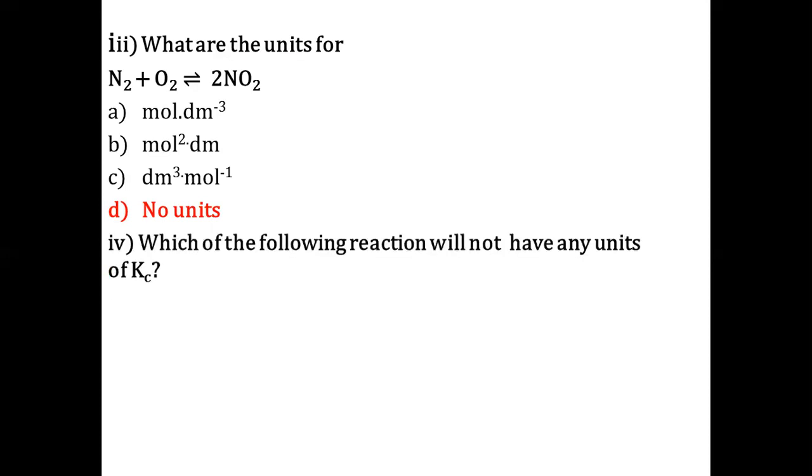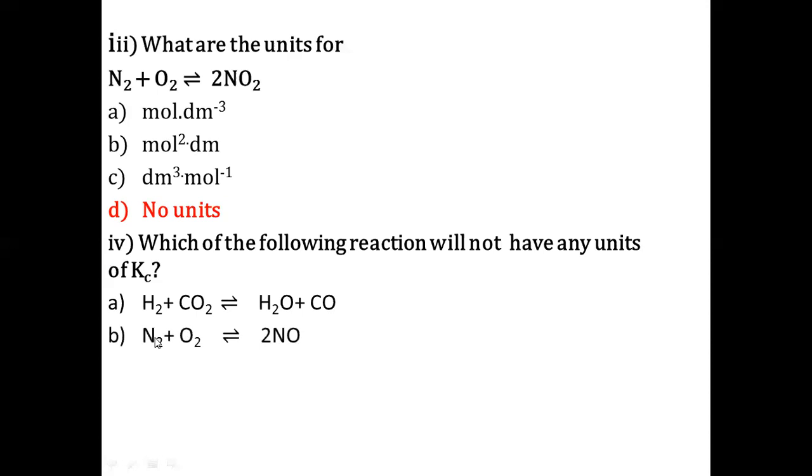Number 4, which of the following reactions will not have any units of Kc? Let us see the first case. 1 plus 1, 2 moles are the reactants. 1 plus 1, 2 moles are the products. In this case, the number of moles of reactants is equal to the number of moles of products. So Kc has no unit.